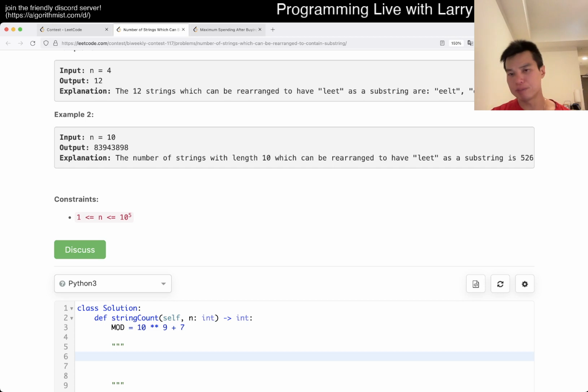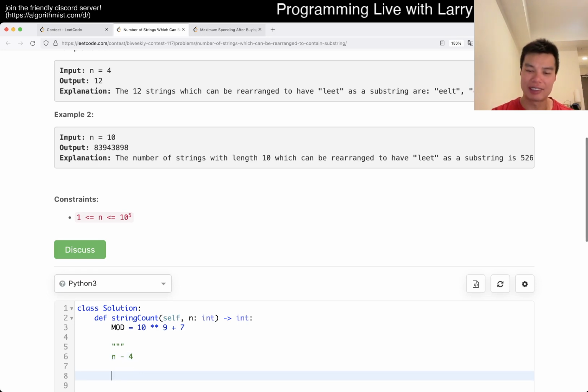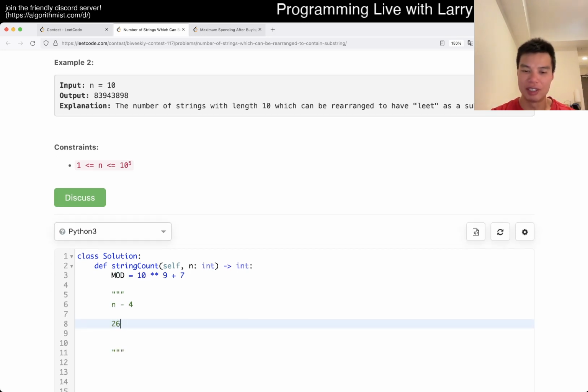And then here, my initial idea was that, okay, there are n minus 4 other things because 4 of these things are fixed. So then I can just do 26 to the n minus 4, right? 1 for each character, and then for each of the 4 characters, put it in one of the buckets in between them, right?